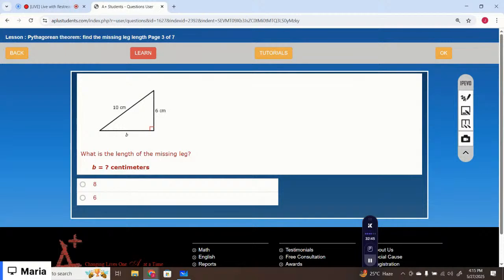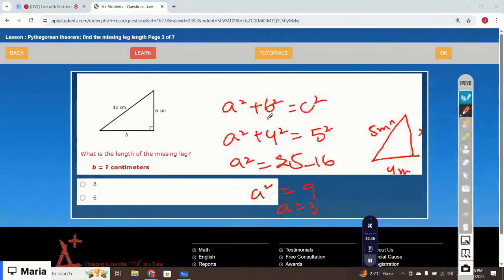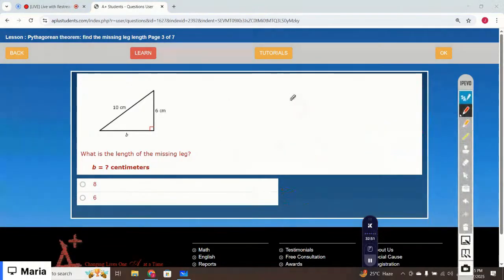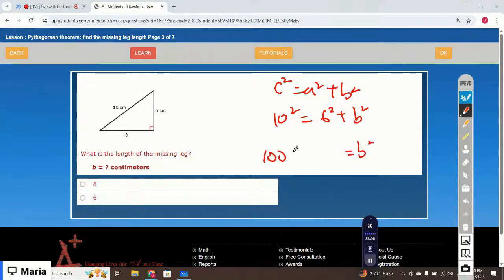What is the length of the missing side? We are given the hypotenuse. C square equals A square plus B square, that is 10 square equals 6 square plus B square. That is 100 minus 36, that is 64 equals B square.